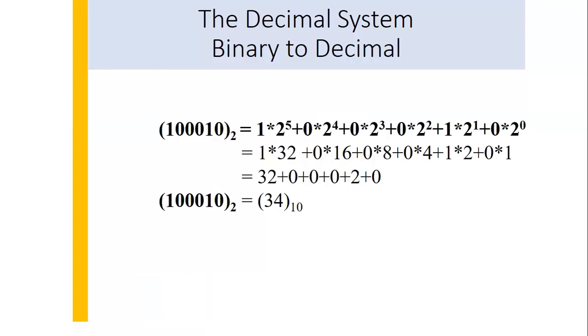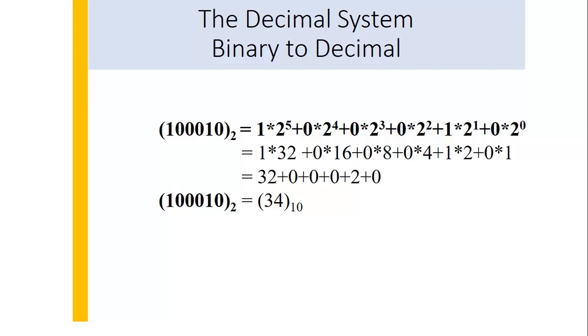So it becomes 1 into 32, plus 0 into 16 plus 0 into 8 plus 0 into 4 plus 1 into 2 plus 0 into 1, that is equal to 32 plus 2, that is 34, which is in decimal. I hope it's clear to everyone.